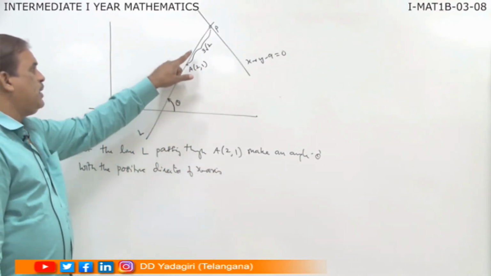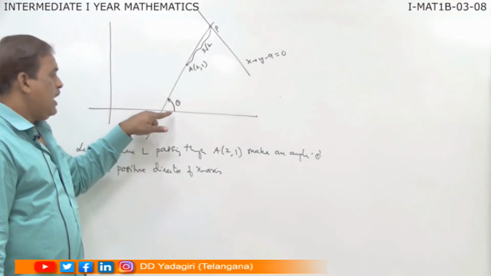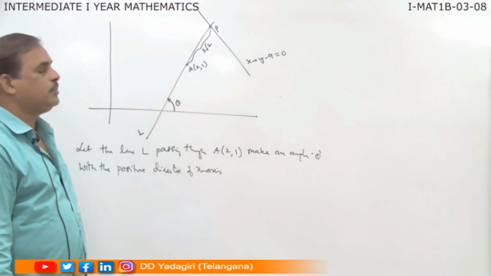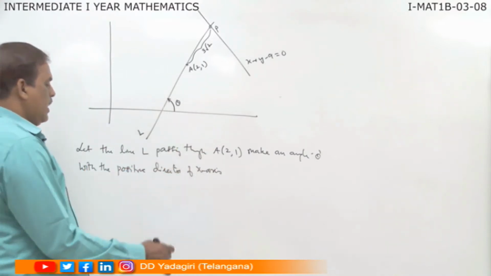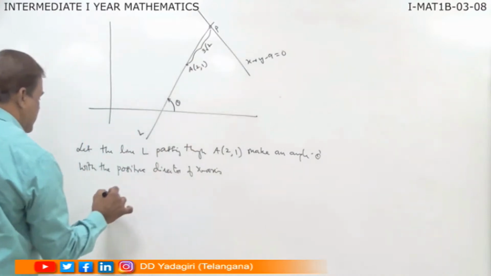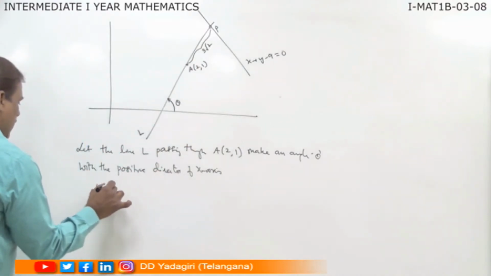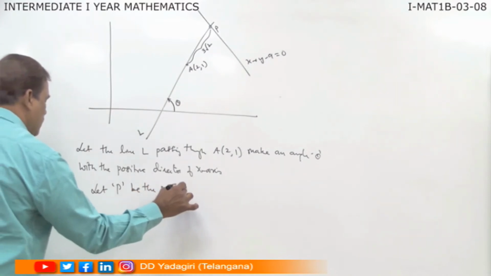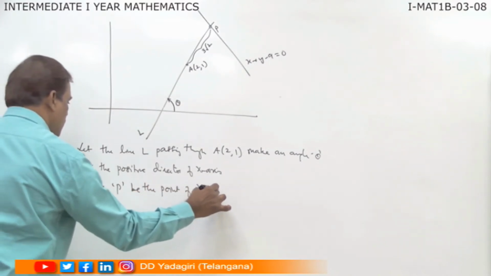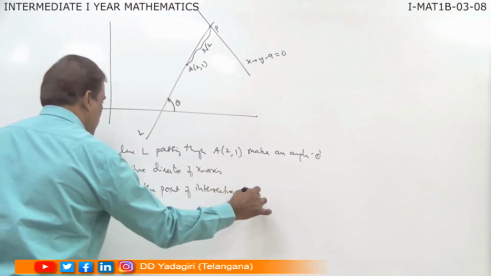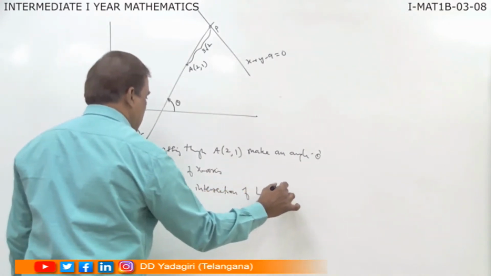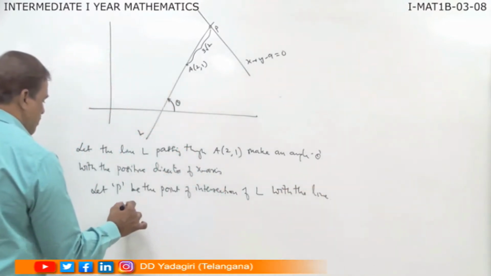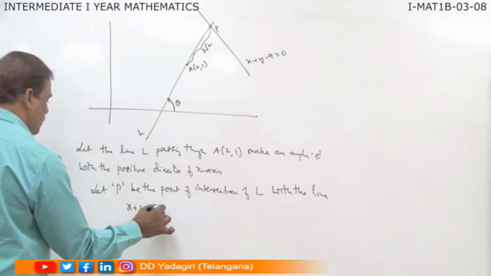A(2, 1) అనే బిందువు గుండా పోవు సరళ రేఖ x అక్షం ధన దిశతో అపసవ్య దిశలో θ కోణం చేస్తుంది అనుకుందాం. Let P be the point of intersection of L with the line x plus y minus 9 is equal to 0.